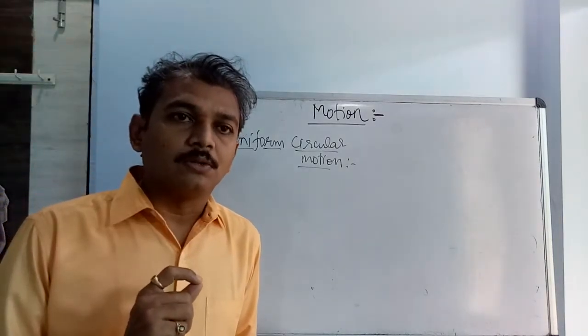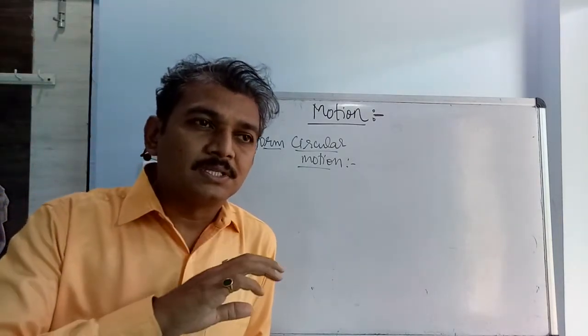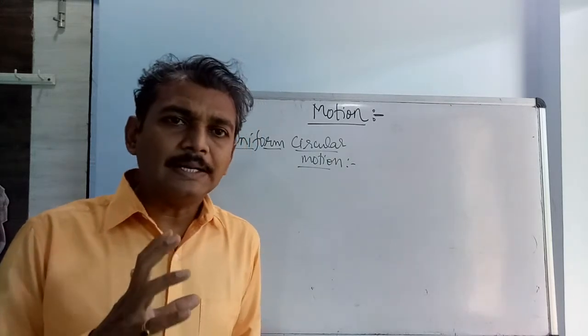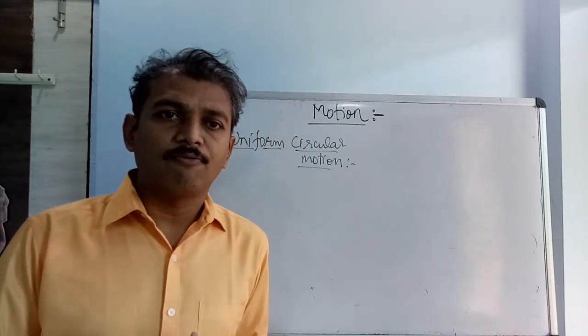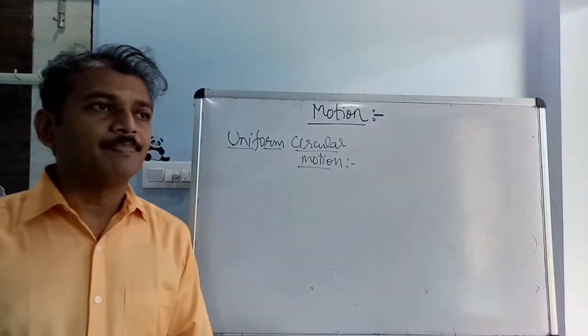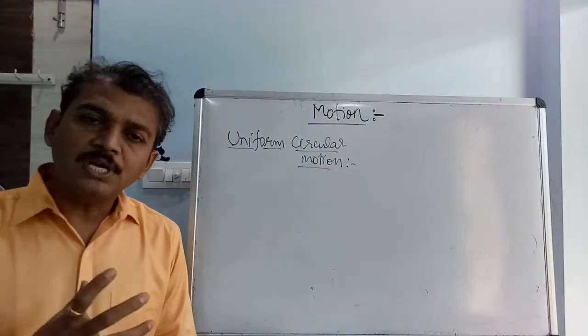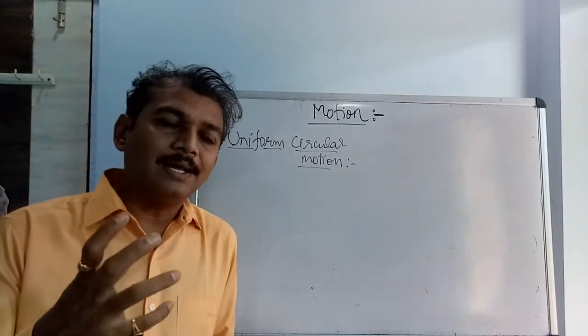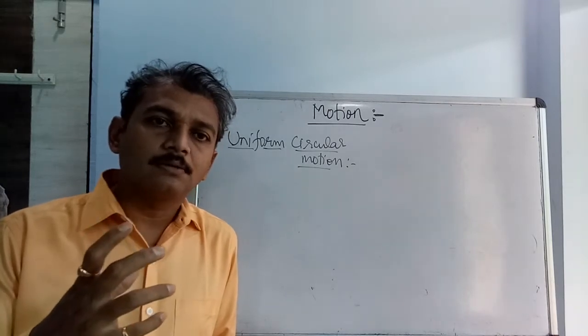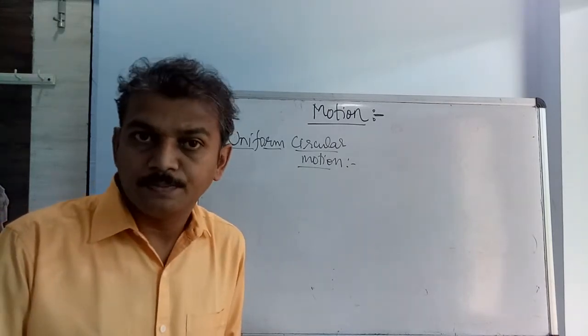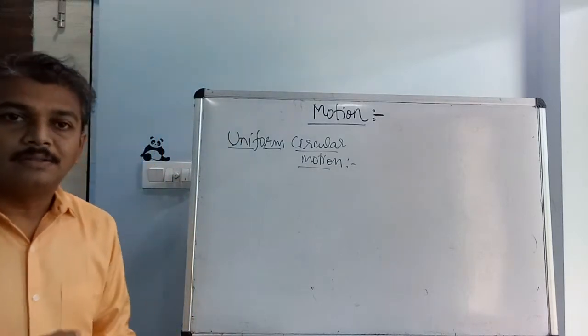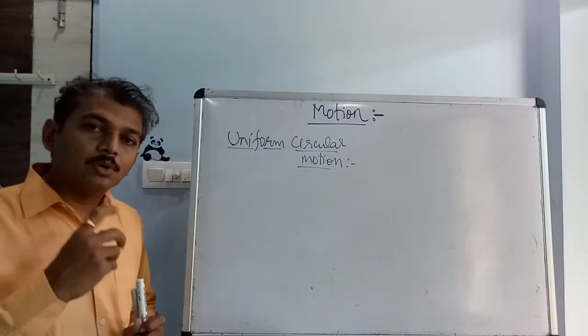Some examples are greatly easy. For example, have you seen any satellite taking rounds of Earth? They are taking rounds in a particular orbit.